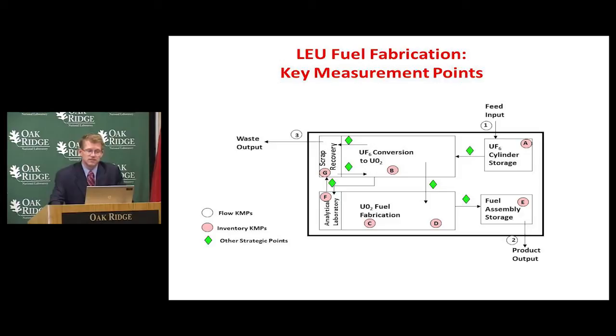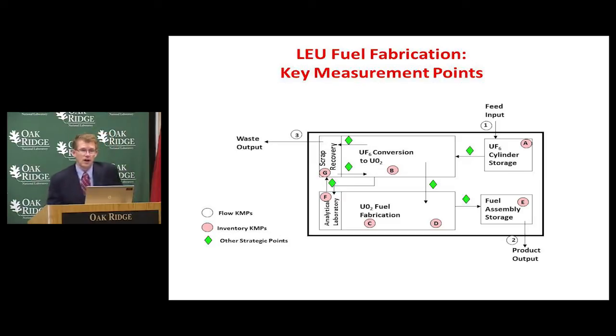So what you may see at a typical fuel fabrication plant is multiple material balance areas or sub-MBAs, and this shows 4. There may be one for UF6 cylinder storage, one for the storage of the final fuel assemblies after they've been put together, and then multiple MBAs for some of these processing steps.